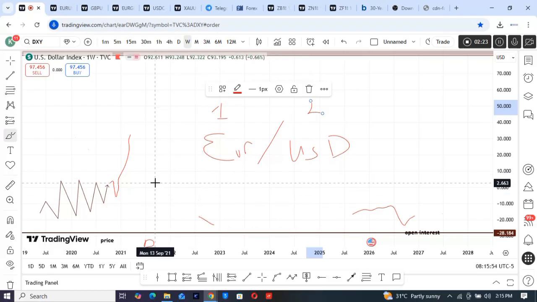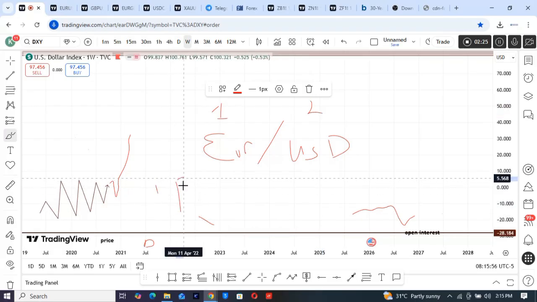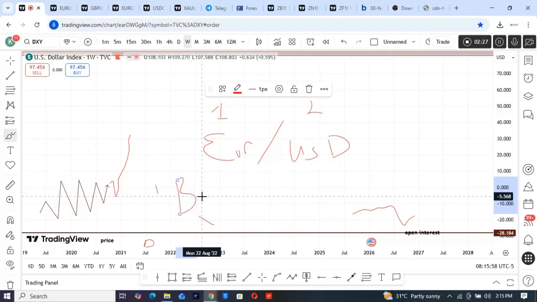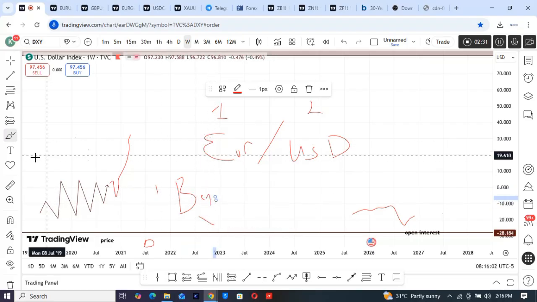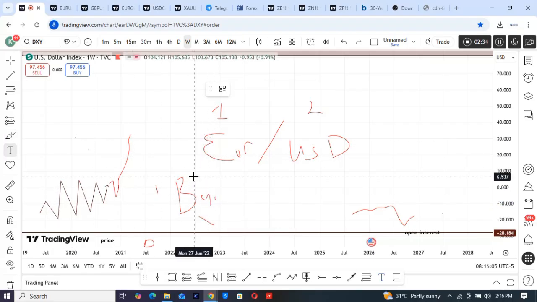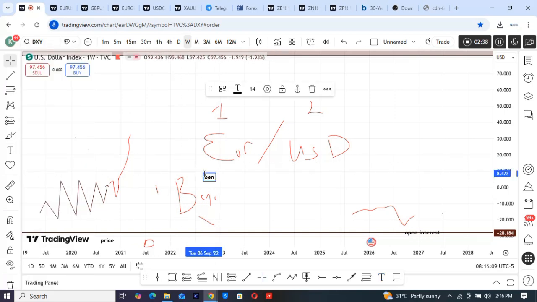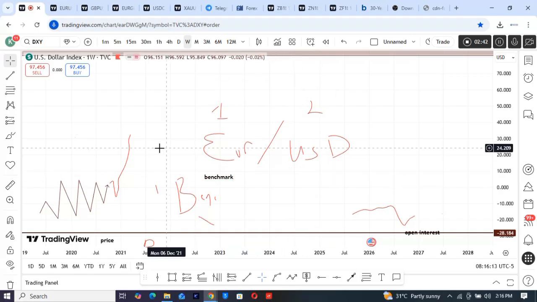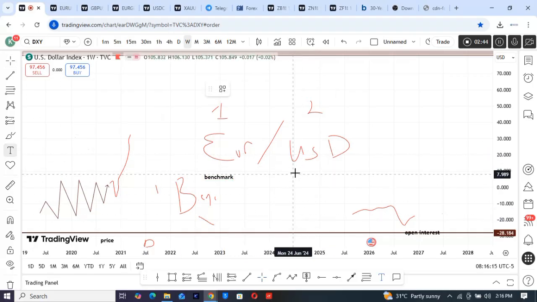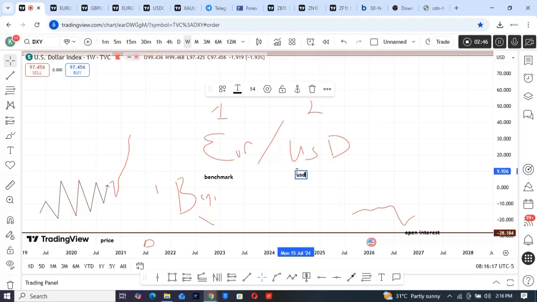One is labeled as the benchmark, while the other over here, that is the euro, is labeled the underlying.